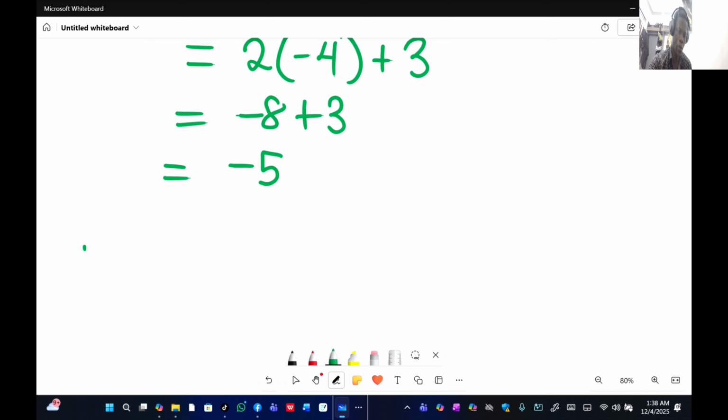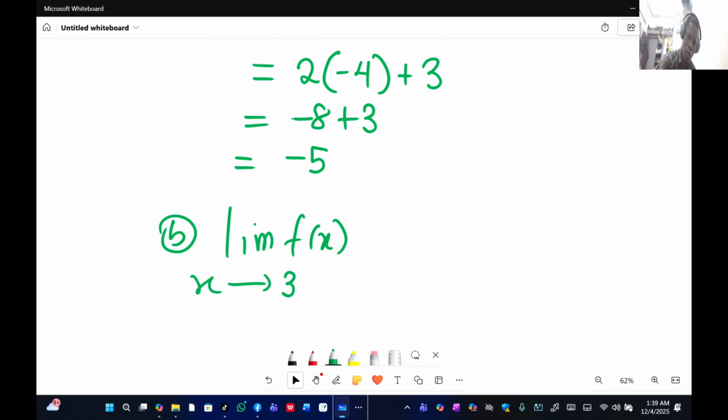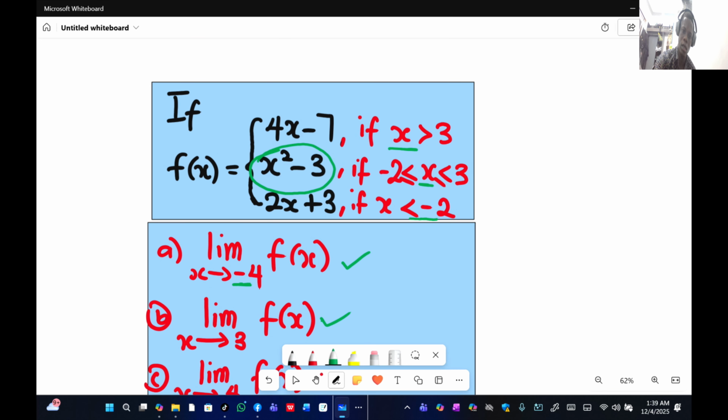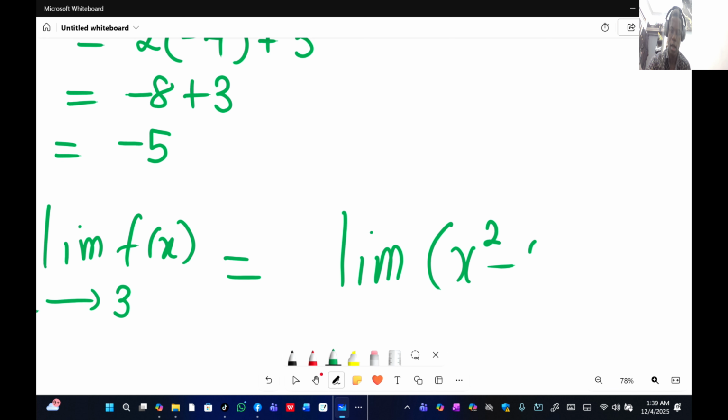So the B part, the limit of f of x as the input approaches positive 3, will be evaluated using the expression x squared minus 3, as x approaches 3.